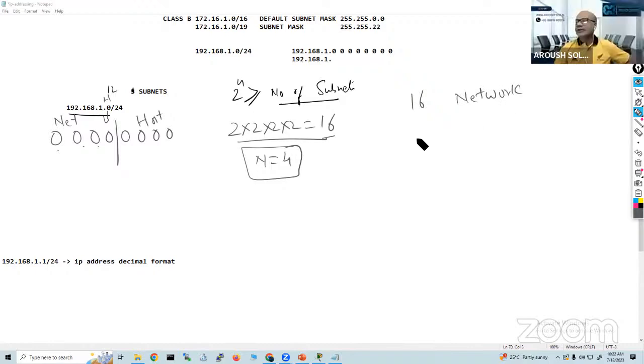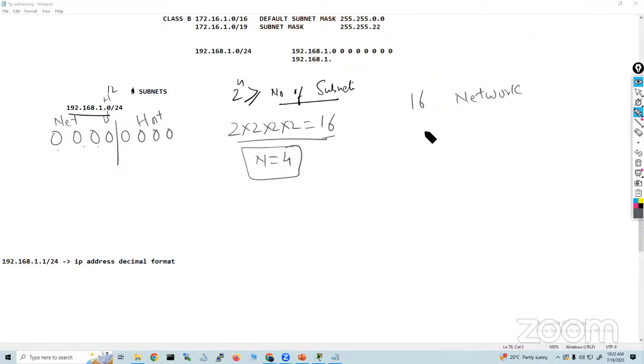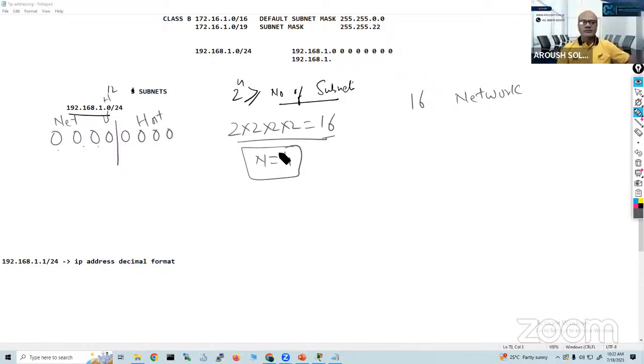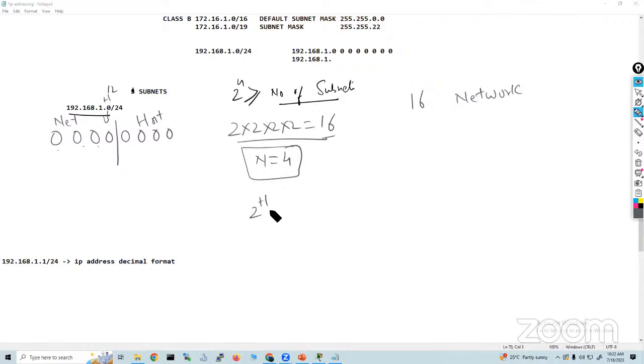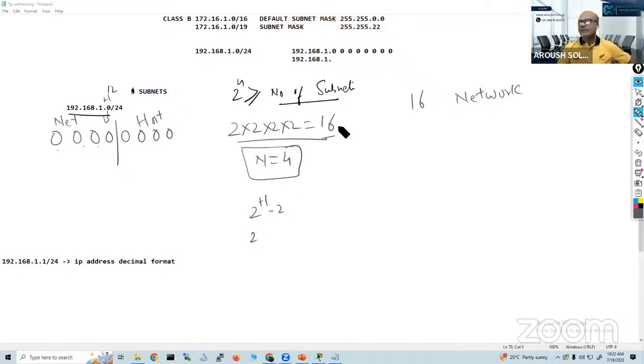So in each network, how many IP addresses? 14. Yes, very good. How 14? The total is supposed to be 16 minus 2, so 14. It's 2 to the power of 4 minus 2.